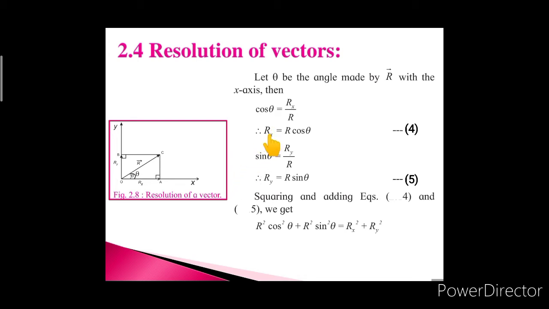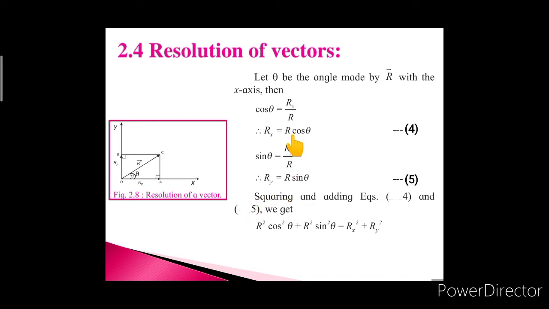The square of equation 4 becomes Rx square is equal to R square cos square theta, and the squaring of equation 5 gives us Ry square is equal to R square sin square theta. Now we add the squares of these two equations.